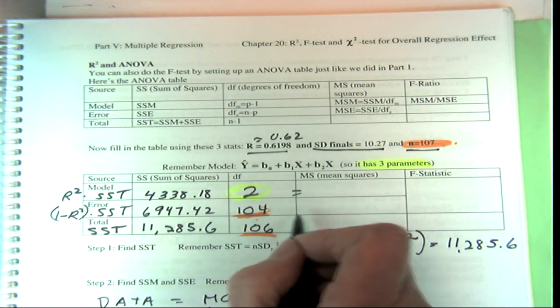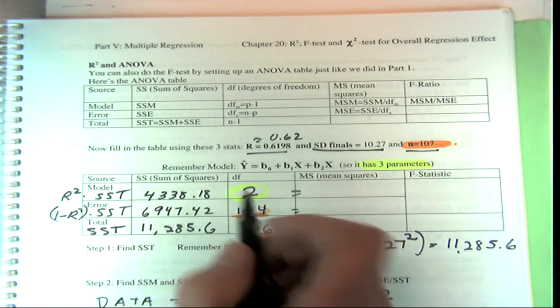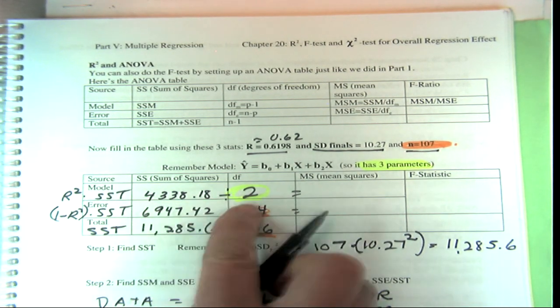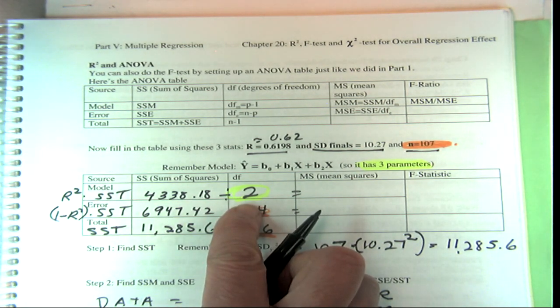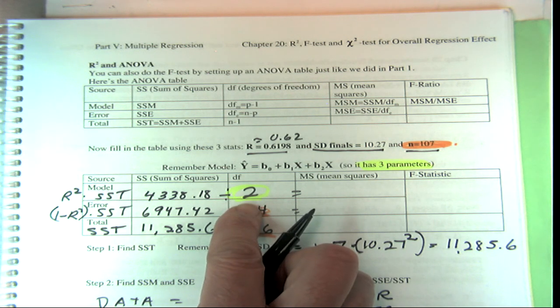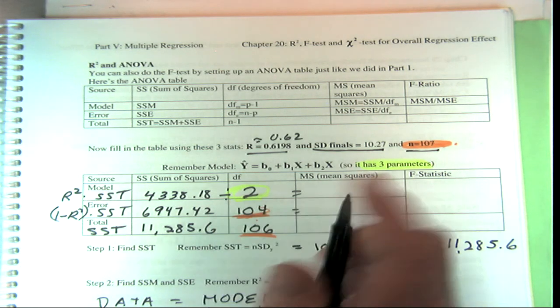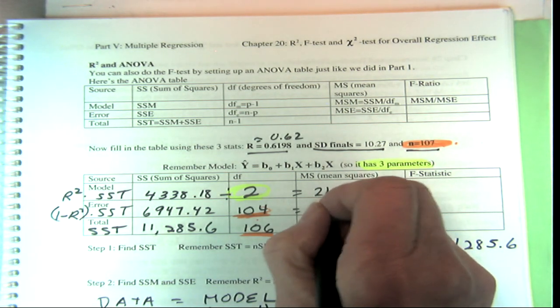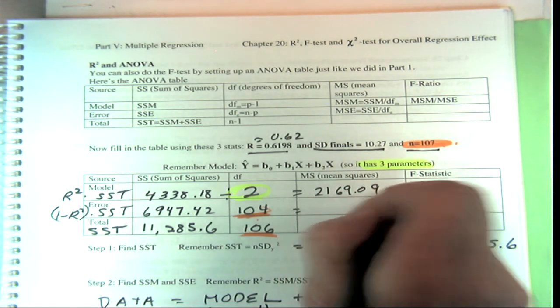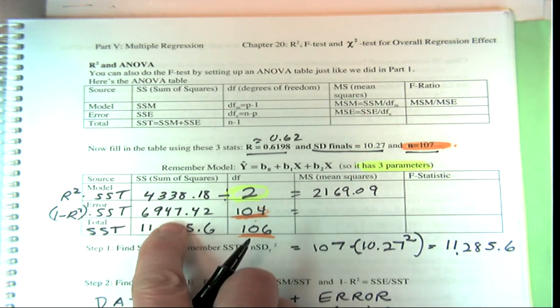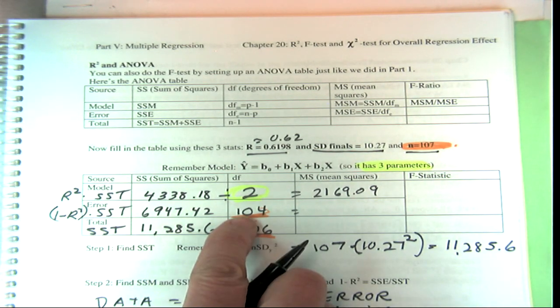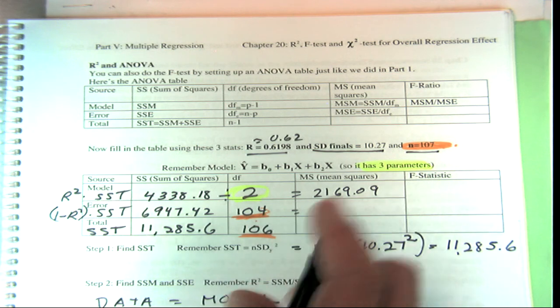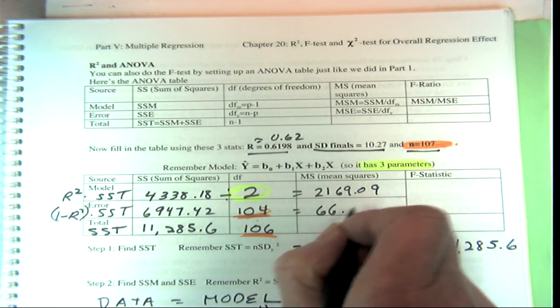And then we're going to divide our sum of squares by however many parameters minus 1 in the model. So I do that, and I got 2169. You're going to get exactly the same thing we got before. And now you divide this by the error degrees of freedom, and you get 66.8.